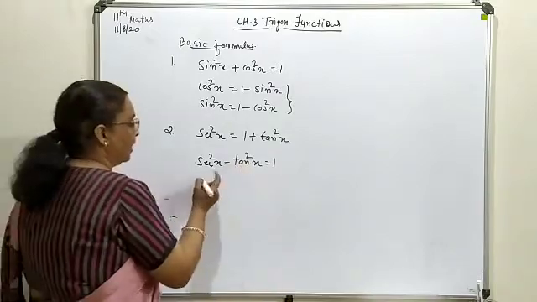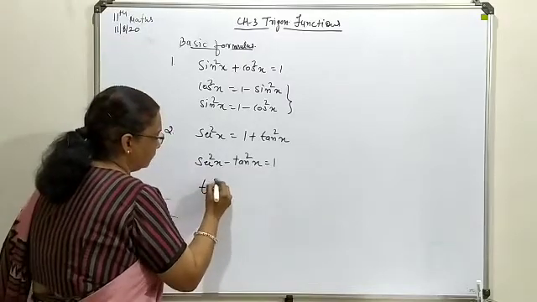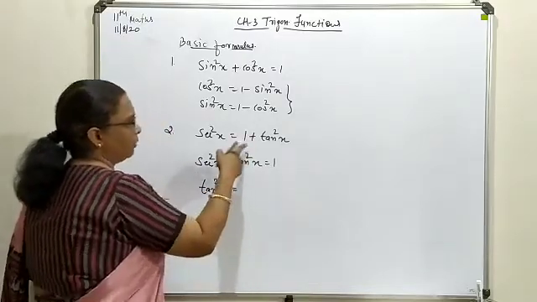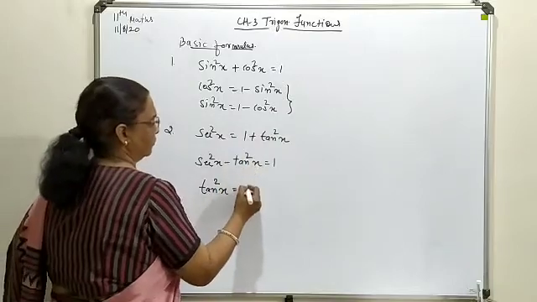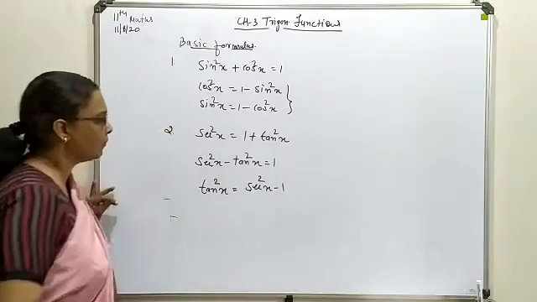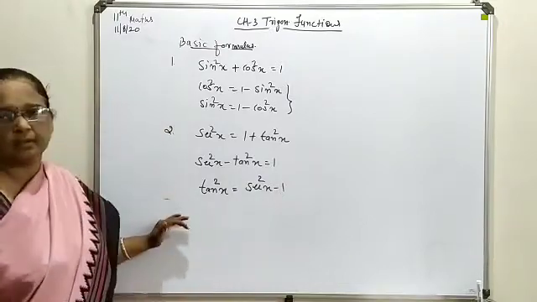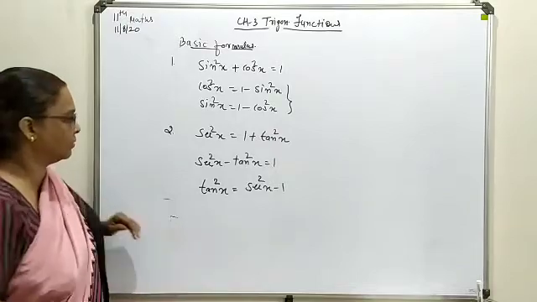Next, if sec is available and tangent is required, at that time tan square x will be sec square x minus 1. So this way these 3 you can use.